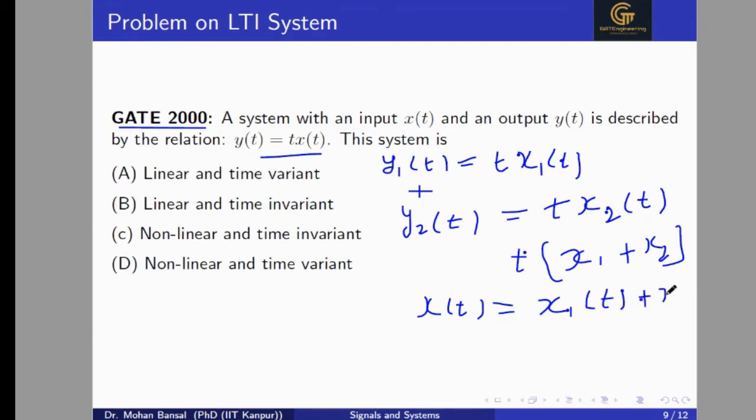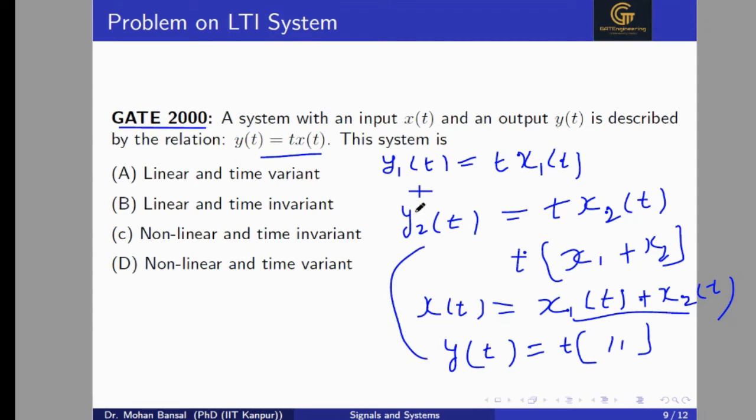If we replace x(t) by x1(t) plus x2(t), we will get y(t), or y3(t), that will be t into x1(t) plus x2(t). If we compare both of them, y1(t) plus y2(t) equals y3(t), both are the same, so we can say that the system is linear.